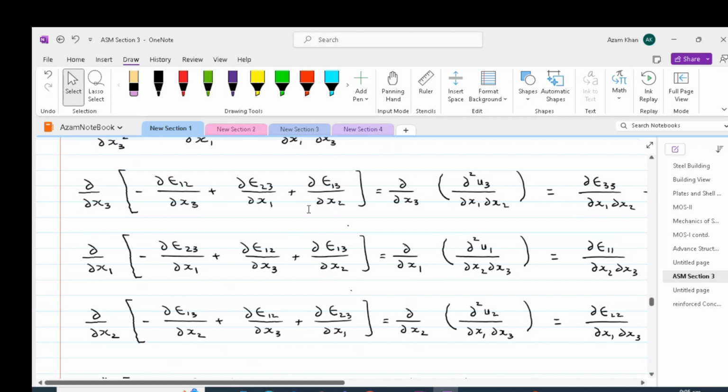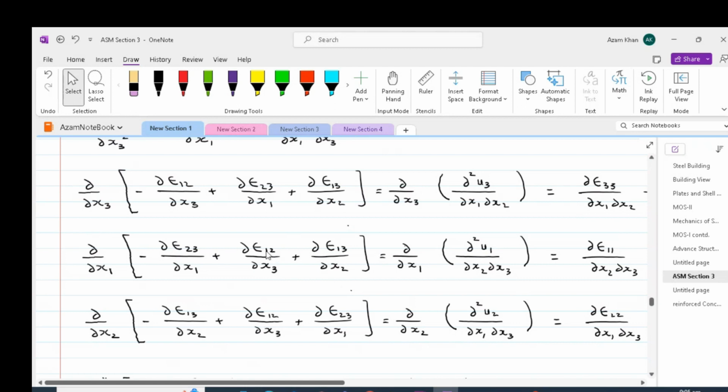Epsilon 1,3, again this one is 0, this one is 0. We are left with epsilon 1,2, which we assume is again not dependent on x3, and hence all the terms are equal to 0.